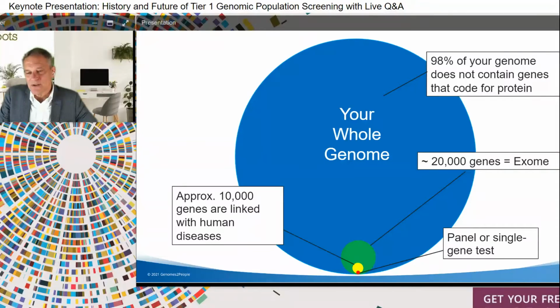Just a reminder for those of you who don't eat, sleep, and breathe this, that there are 20,000 or so total genes. There are about 10,000 genes linked to human disease. About 7,000 of those are linked with very good evidence to human disease, so we really believe them.